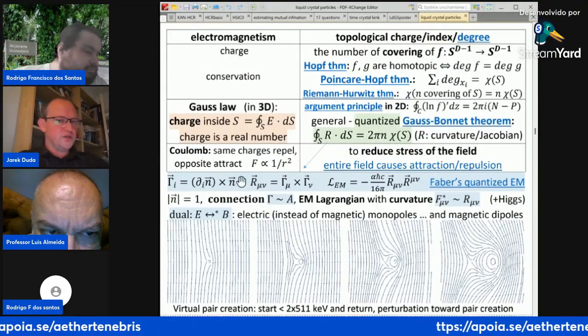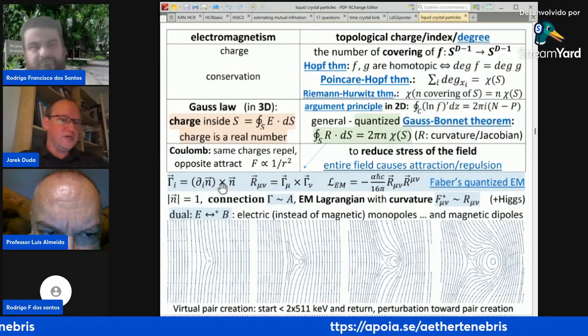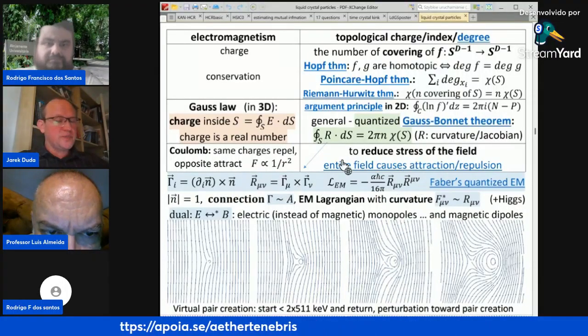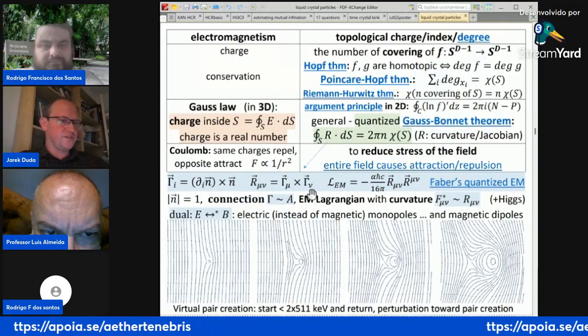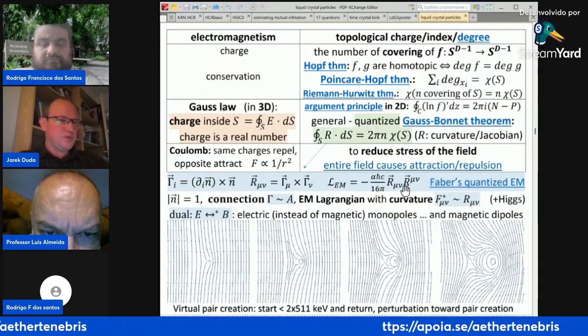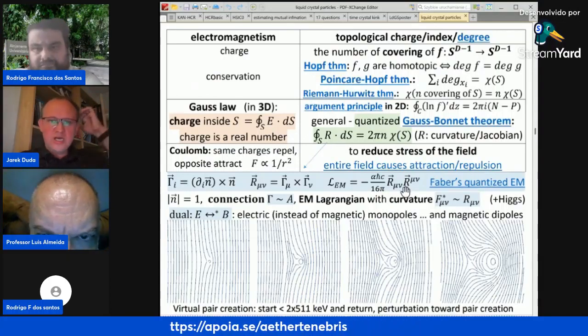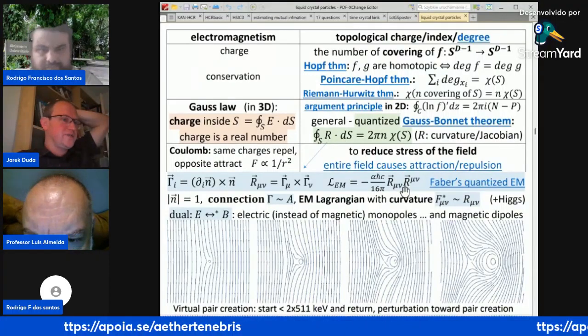We define its connection as A field, its curvature as F tensor, and use the standard electromagnetic Lagrangian for this F tensor. This way, as I'm showing in a moment, we get a Gauss law. We get the Coulomb interaction, and it is Lorentz invariant, so we get entire electromagnetism.